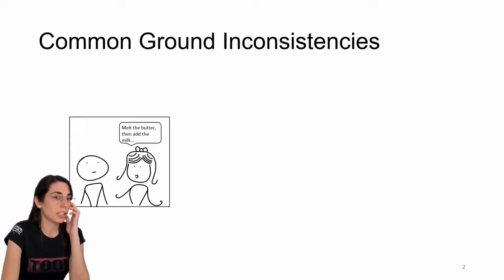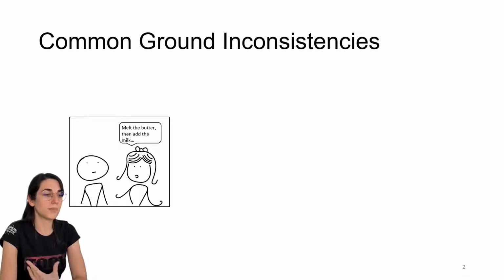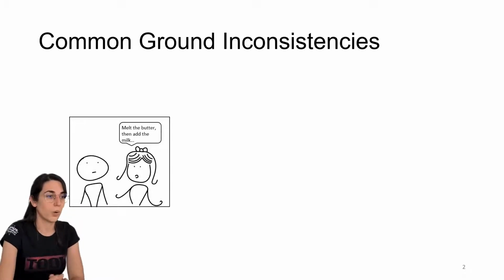What are common ground inconsistencies? This is basically what happens when somebody thinks that a piece of knowledge, an information, is already shared in the common ground. Like here, we say something like melt the butter, then add the milk, and other information that are provided by one speaker to a listener.